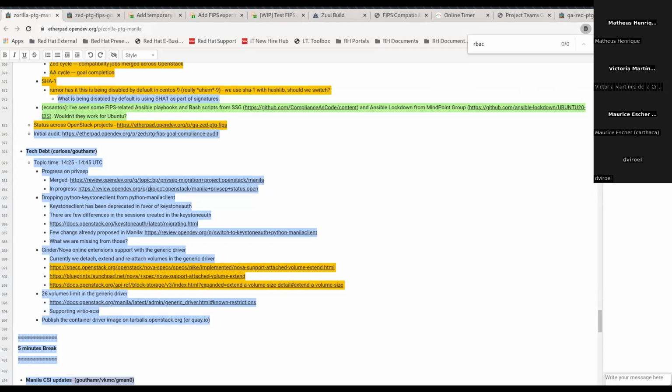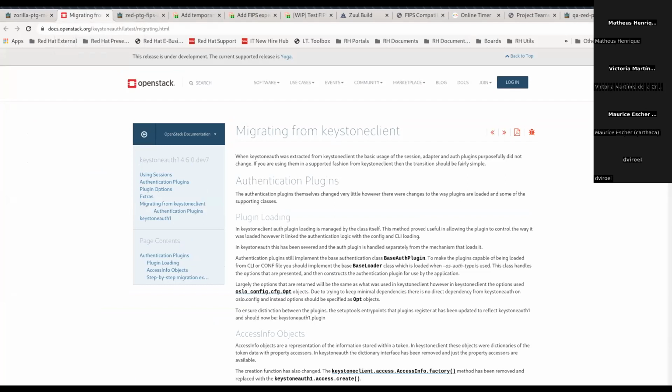To summarize, the Keystone client has been deprecated, and people are moving in favor of keystoneauth. There are a few differences in the sessions created in keystoneauth. There is some documentation on the migration, and we have been pursuing this for some time in Manila.